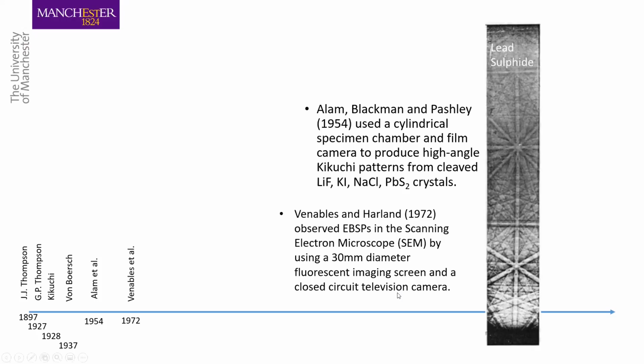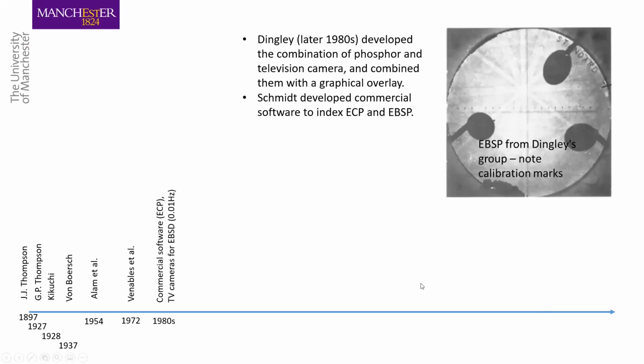So this was just one pattern, not even indexed. We can see a diffraction pattern, but we don't know the orientation. Then Dingley and Schmidt tried to commercialize these techniques, initially for ECP, electron channeling patterns, and then also for EBSD, using TV cameras.